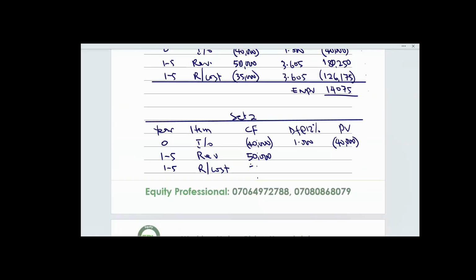Here will be 25,000 negative. The discount factor is 3.605. Here will be 180,250.